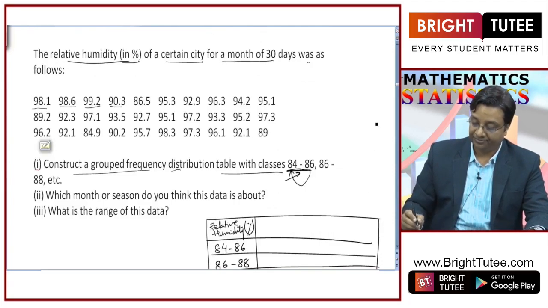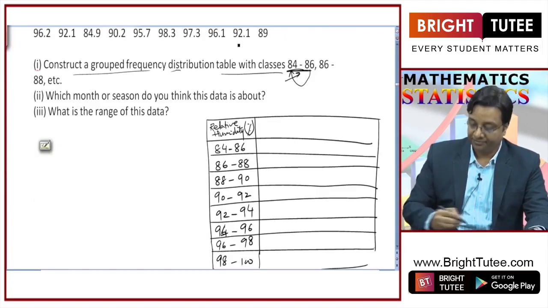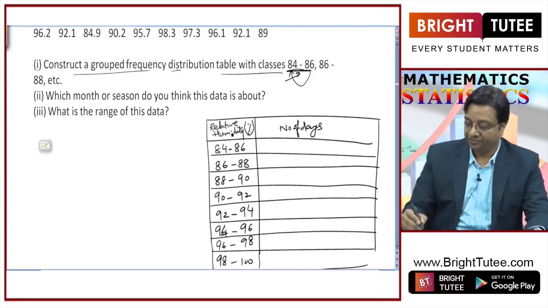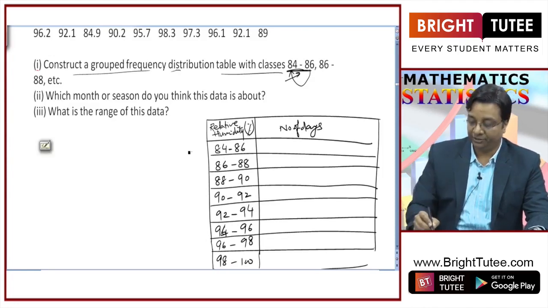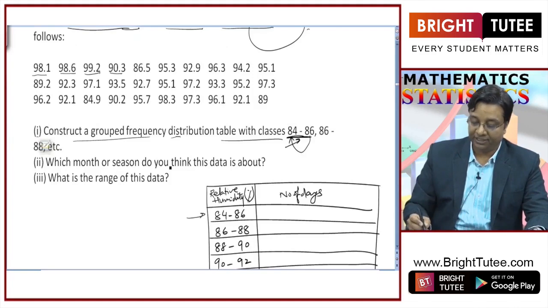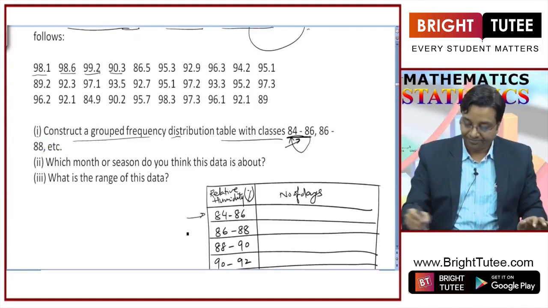Now look at the data. This is the data for 30 days, right? So number of days when the relative humidity was between 84 to 86. Obviously 86 will not be included in this class. So I am looking for data points which are between 84 to 86.